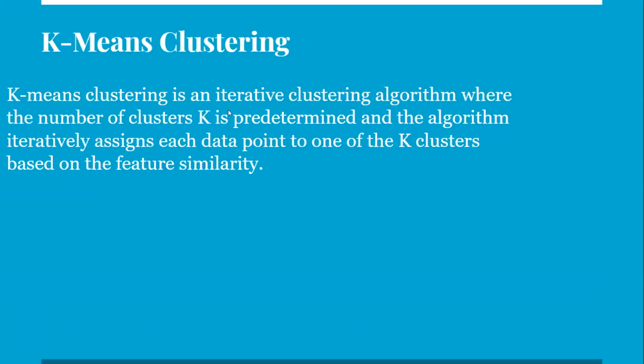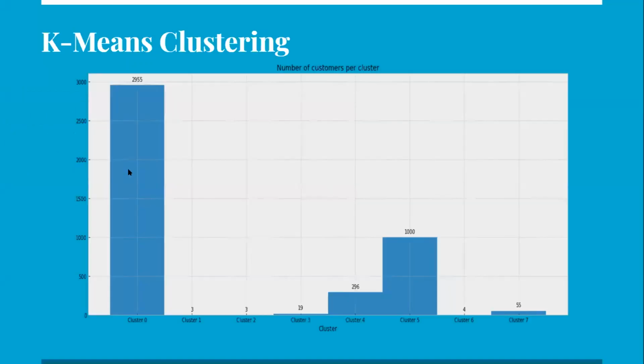Then we also used K-means clustering to cluster the customers into groups. To do that, we first standardized the data using standard scaler. Then we used silhouette to find the mean distance between each cluster and the mean nearest cluster distance.